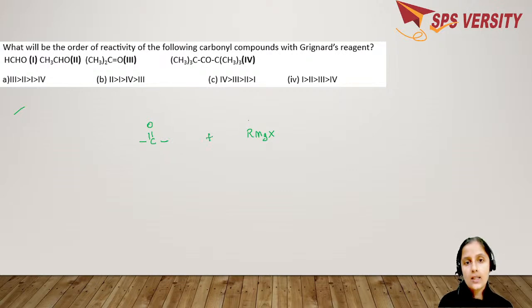The R of RMgX, which is negative, is going to attack the electrophilic center over here, which is carbon. This is partially positive and this is partially negative. Now if R has to attack C, the carbon should be more electropositive. If it has to be more positively charged, then there shouldn't be more alkyl groups.